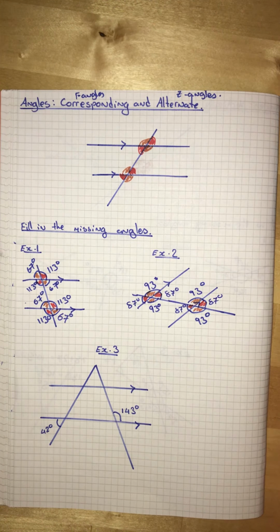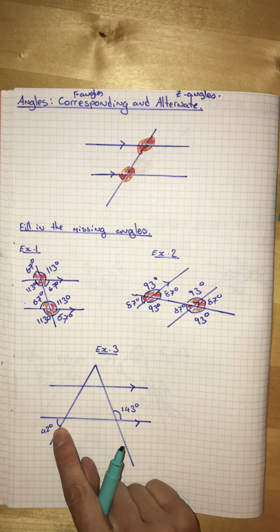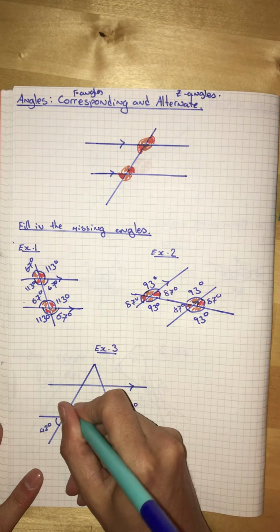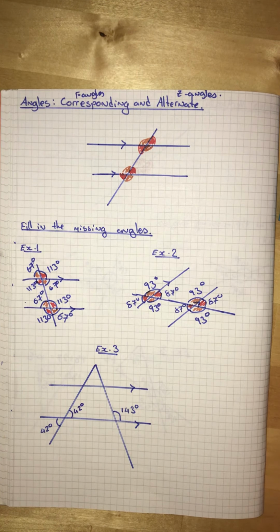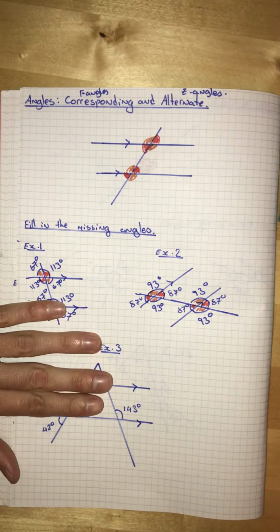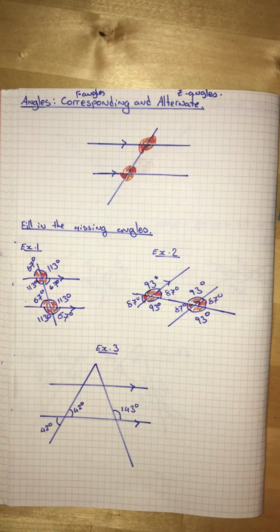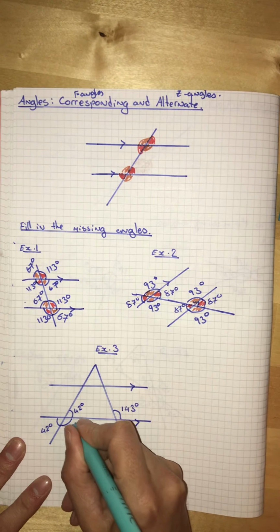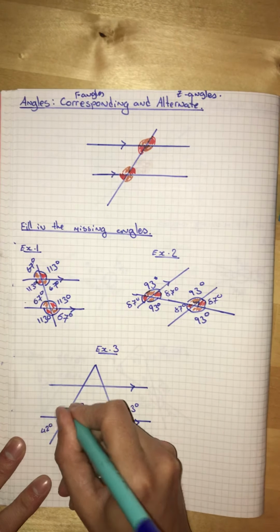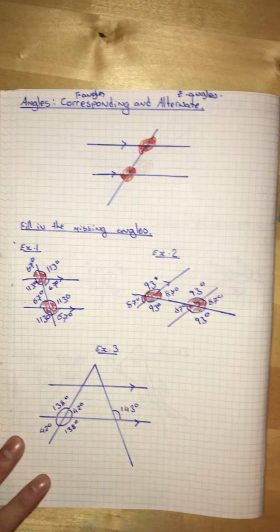Just work at it slowly. What do we know about vertically opposite? They're the same, 42 degrees. What do we know about angles in a straight line? They add up to be 180. So 180 take away 42 is 138, which means that that's also 138 degrees.